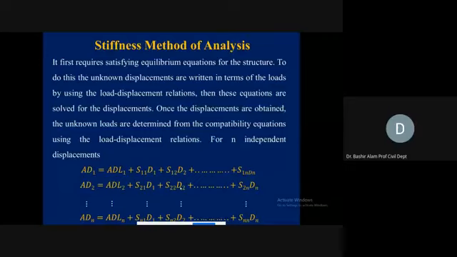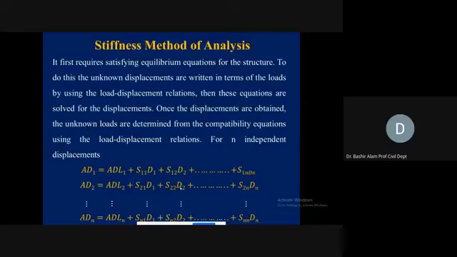Now, when you are not allowing the rotation, it means you will have to put the moment there. Now, how much rotation should we give to bring it back to zero moment? So we need to find out and apply that much rotation. To do this, the unknown displacements are written in terms of the loads by using the load displacement relation.